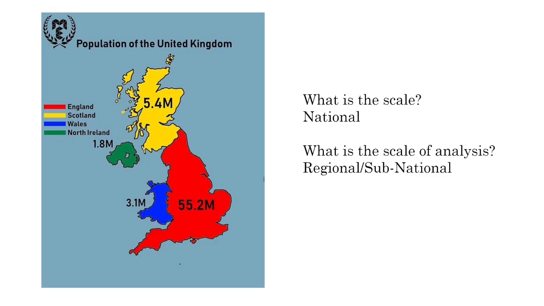In the UK's case, they're just different regions of the country. Wales is a region, Scotland is a region, England is a region, and Northern Ireland is a region as well. So when we're looking at a map comparing population between them, that's a regional scale of analysis. Subnational also works because these different regions are smaller than the country.